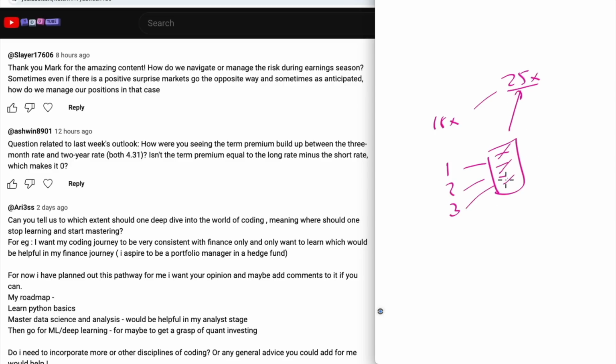Even if they're good, they may not justify 25, they may justify 22, and that thing is going to sell off. So you have to understand, what are the drivers of earnings, and what is the market pricing in for those drivers based on some historical average of a multiple? What is it pricing in?